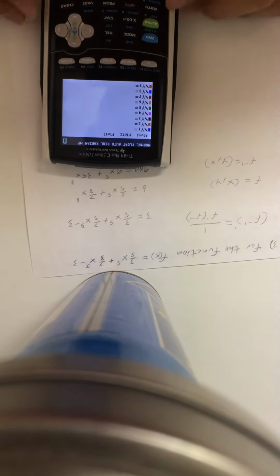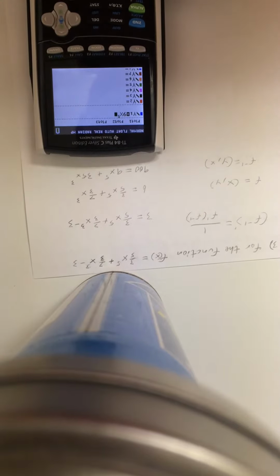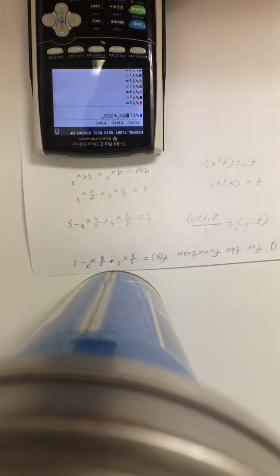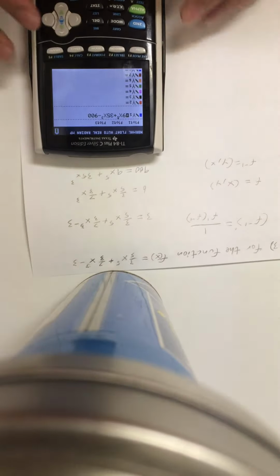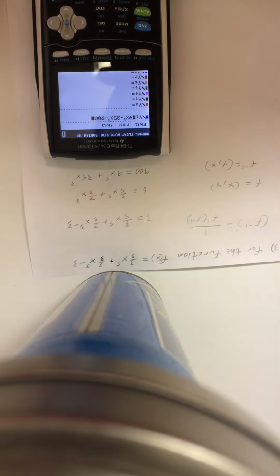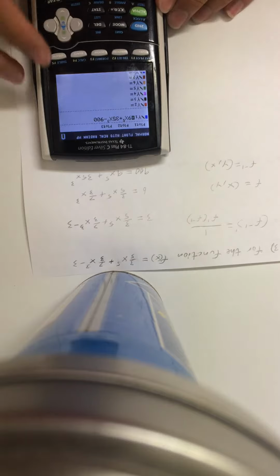And in order to find x, I'll be plugging this into the calculator and graphing it, which would be 9x to the fifth plus 35x to the third minus 900. And I'll be finding where it hits the x-axis, which is also the x value.